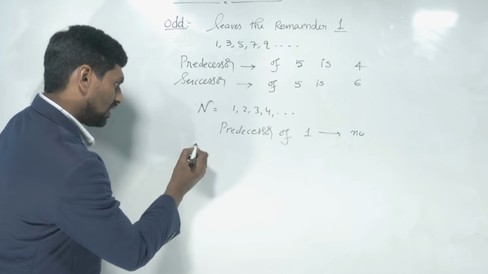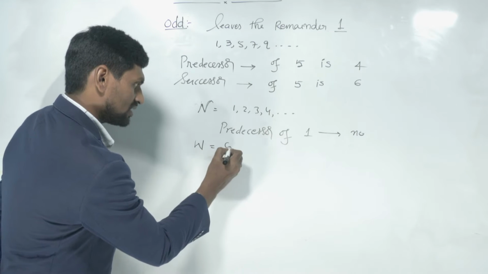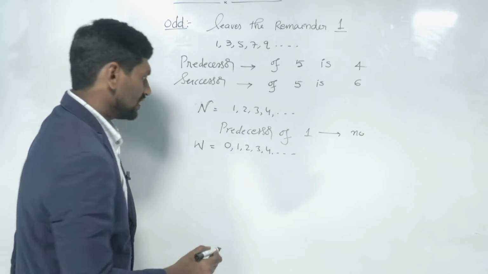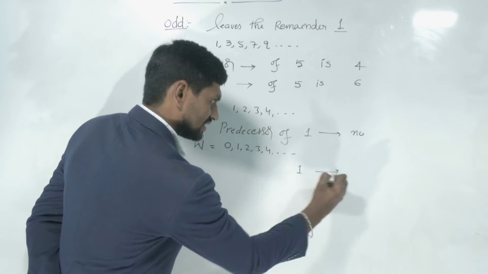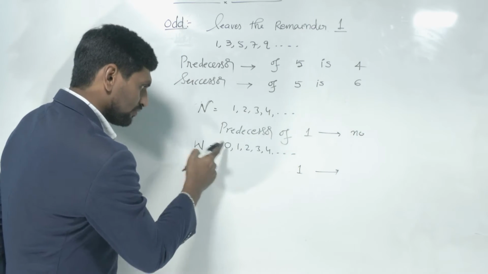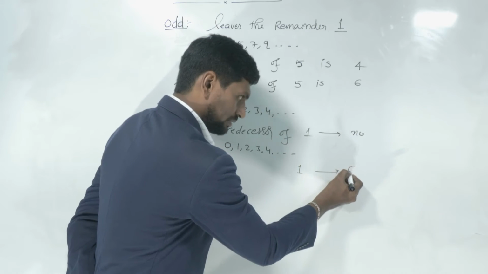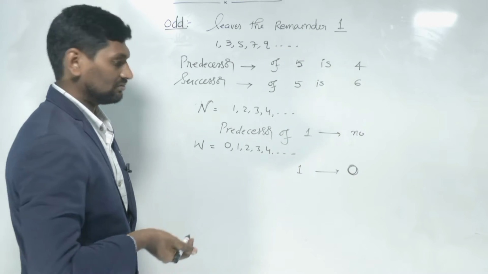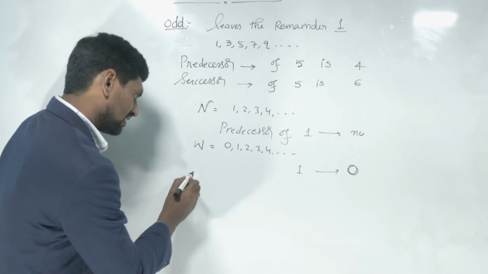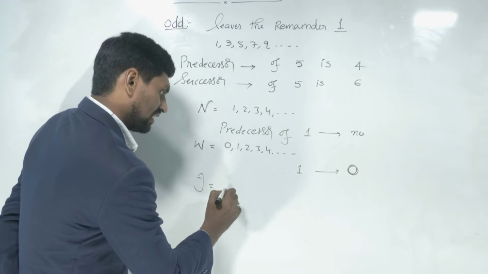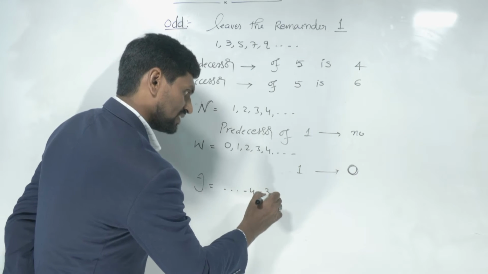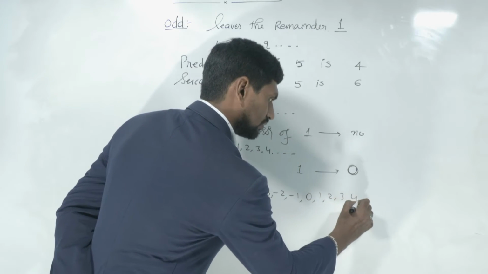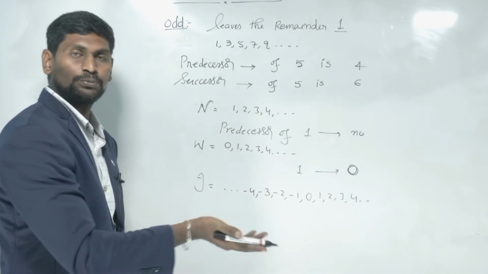Now I am taking the whole numbers: 0, 1, 2, 3, 4 and so on. The predecessor of 1 is 0, but for 0 the predecessor is not there. If you take integers, -4, -3, -2, -1, 0, 1, 2, 3, 4, for every number we have both predecessor and successor.